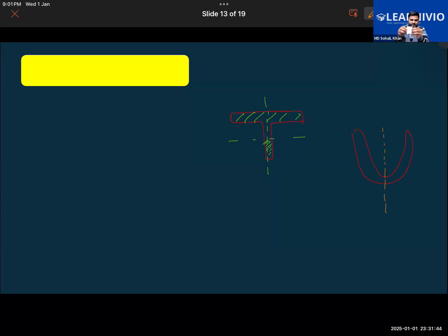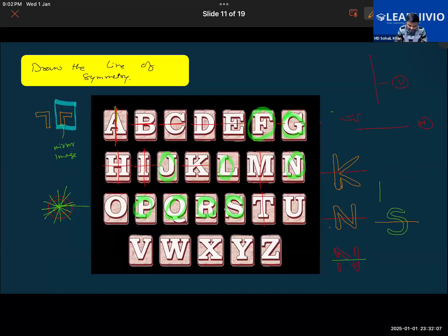Suppose this is the letter U written on a sheet of paper, and you're folding it from the middle. So the two sides will be completely overlapping one another. Hope you got it. So you just have one line of symmetry, that is from the middle.